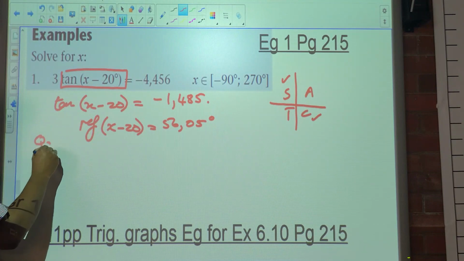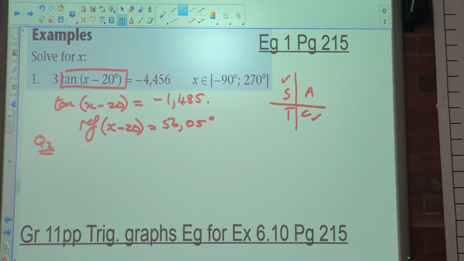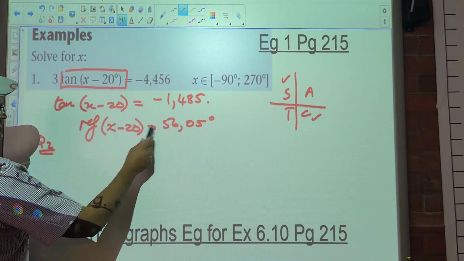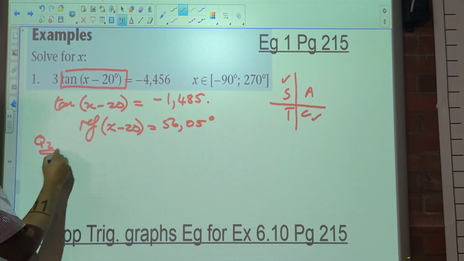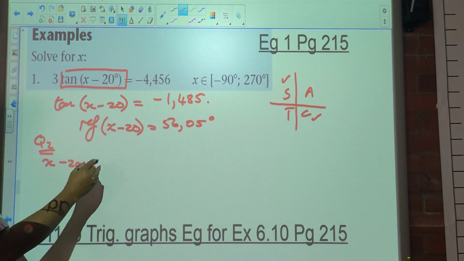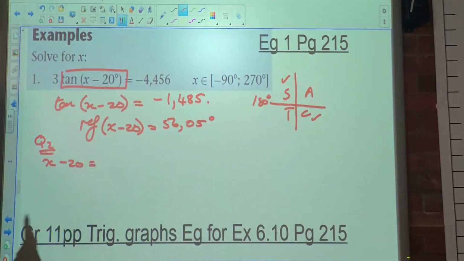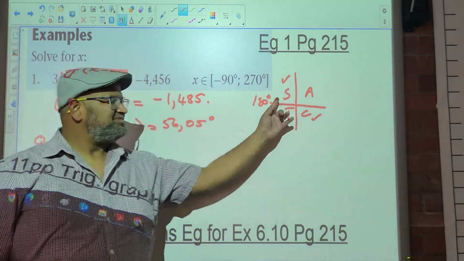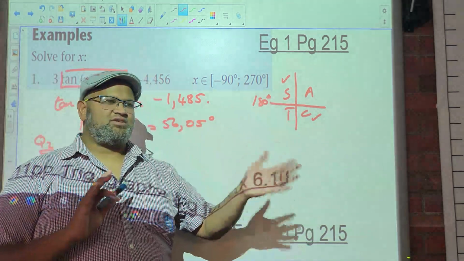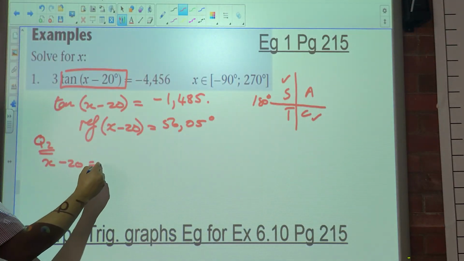So in quadrant 2, again, we don't take the 20 over the equal sign. We're going to lose solutions, we're going to lose true values for x. So we say x minus 20 is equal to, for quadrant 2, how do we get into quadrant 2? 180. Although we can get 90 plus, I wouldn't use 90 plus here because the cos will change the sign. So we just say 180 minus, or 360 minus.